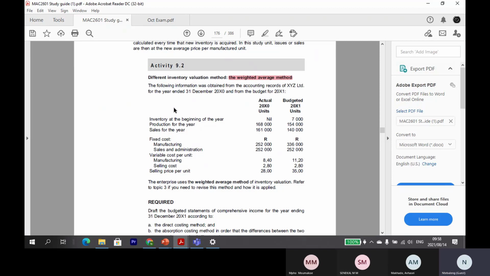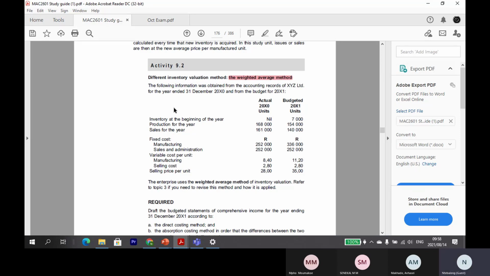From the budget for 2021, we've got actuals and budgeted. For inventory at the beginning of the year, for our actuals we've got nothing, but for budgeted we are estimating an opening inventory of 7,000. Production for the year, we currently produced 168,000 units.